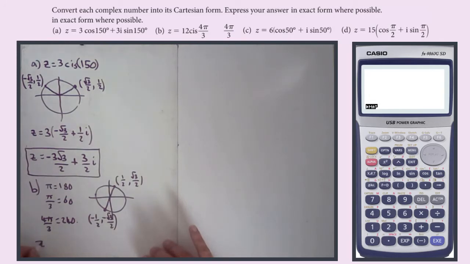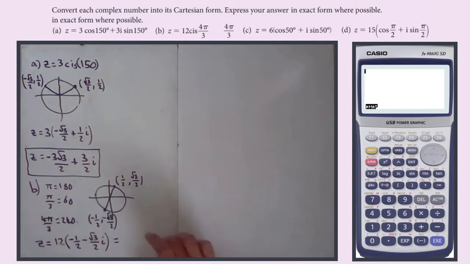So that must mean z equals 12 times minus a half, plus i times minus root 3 over 2. So that must equal, if we just put the 12 in, 12 times minus a half is minus 6, and then minus 6 root 3 i.